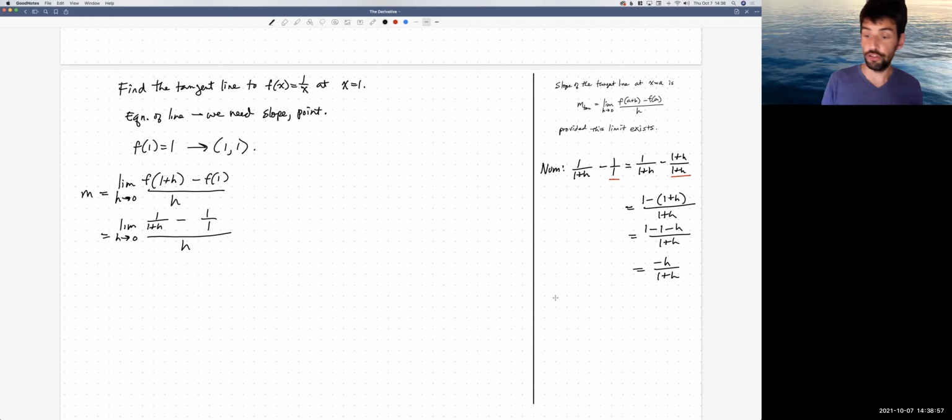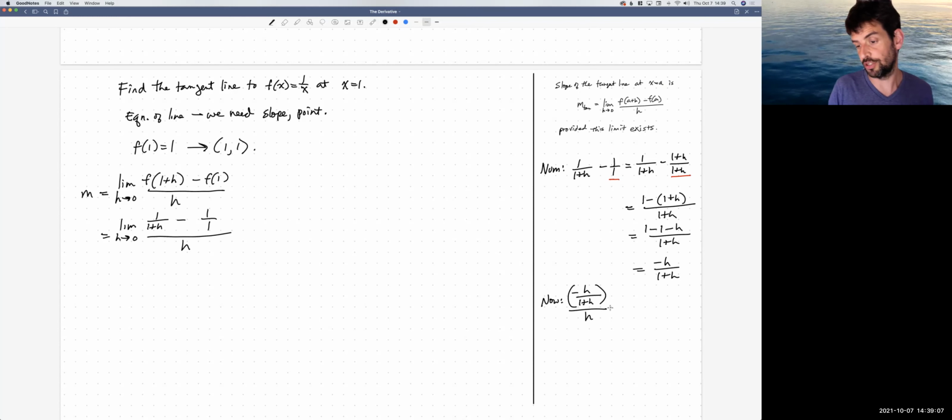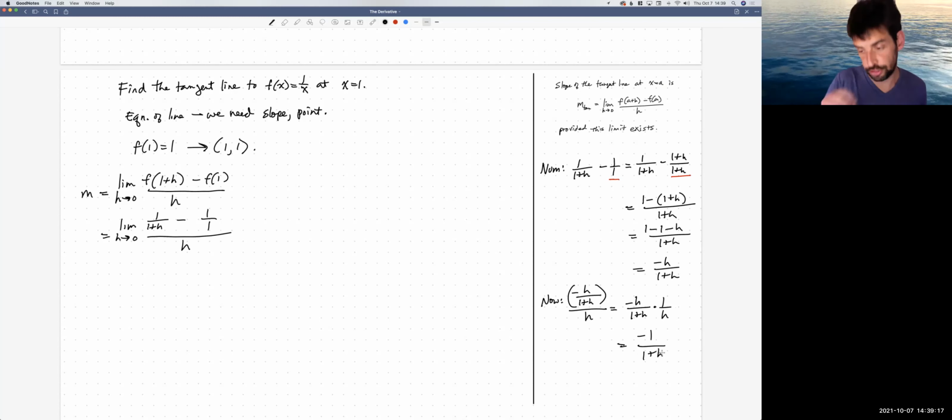Okay, so we now have negative h over 1 plus h, that's our numerator, divided by h, which is equivalent to multiplying by 1 over h, the h's cancel, and we're left with negative 1 over 1 plus h.